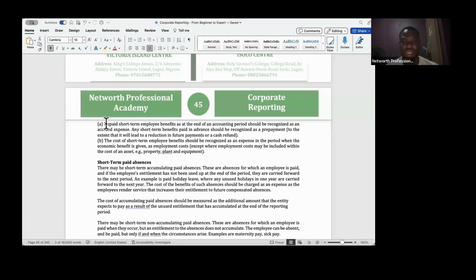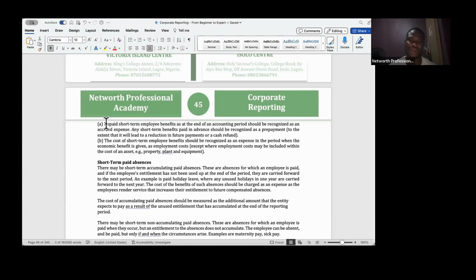However, if they don't pay it, if they are owing, the accrual concept is that you are still going to accrue for the expense. It will still be in your books. Then the other leg will be a liability if they are owing. And if they overpay, that means we'll have that excess as a prepayment in your books.